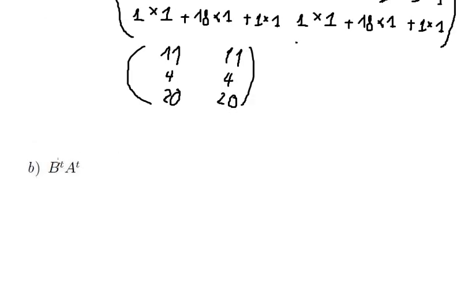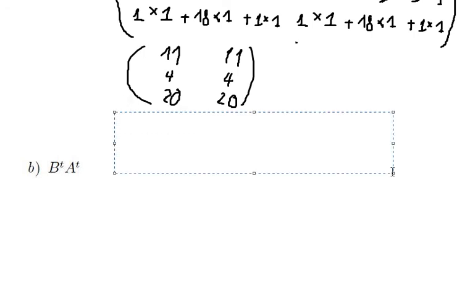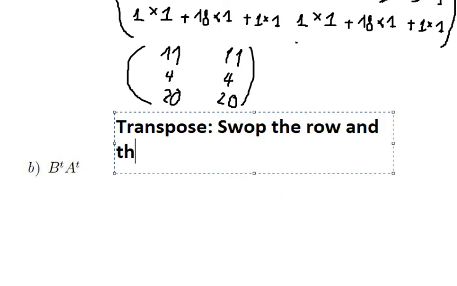Now Question B, we have T in here. T, that's about transpose. Transpose means we need to swap the rows and the columns.